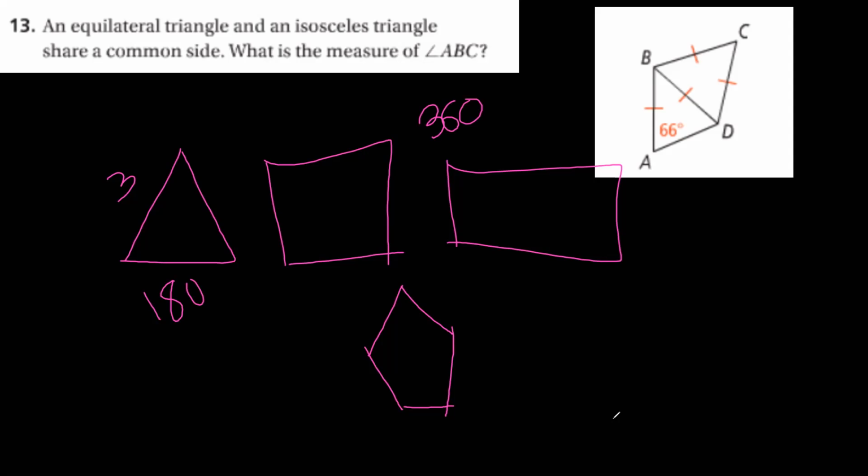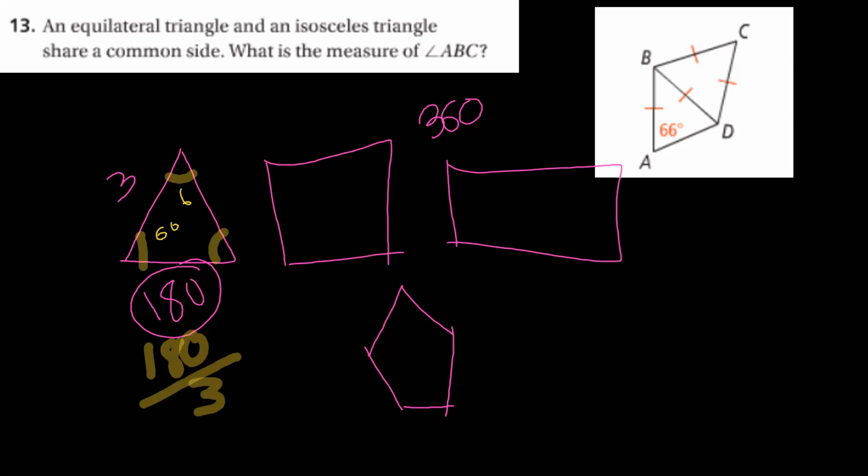Now, to find the angle, if I told you that the angles here are equal, what does it mean? Here I have 180. I will divide it by 3, and I will get 60. So the measurement of each angle is 60, 60, 60.